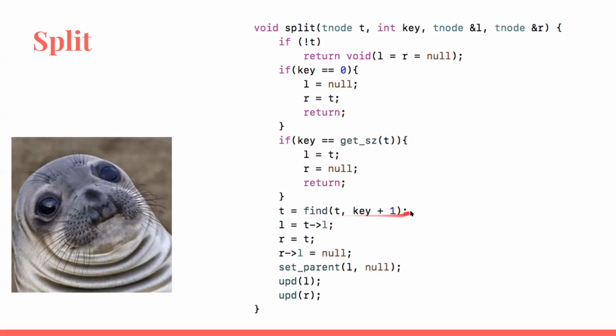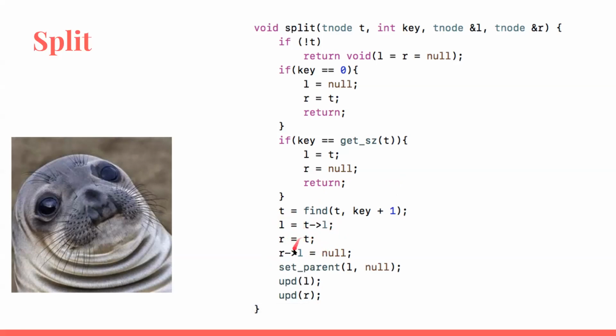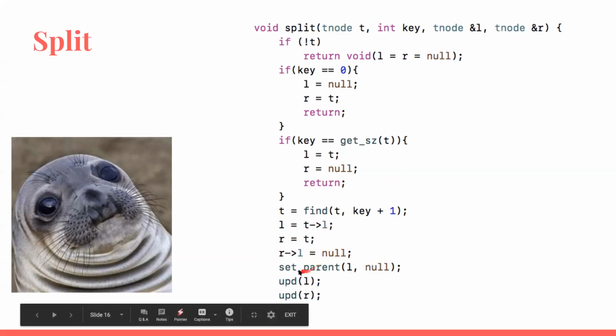When we find that, all the elements that need to be in the L node will be just in TL. So we just erase TL from T and update everything. Okay, any questions about that?